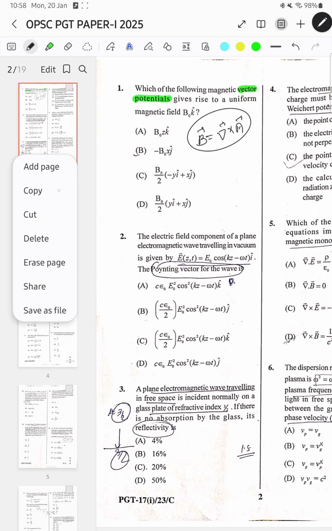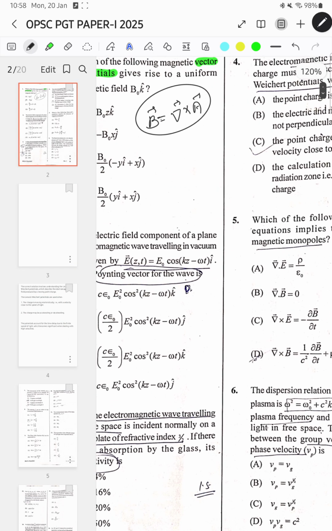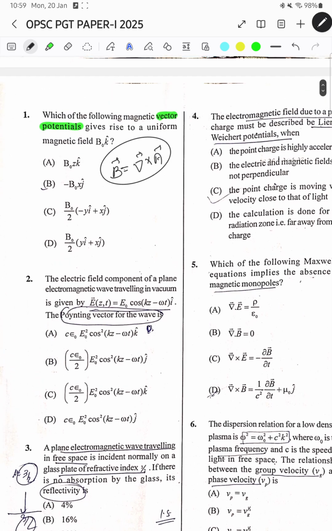Let me add a page so that we could solve. Okay, in the first option, A vector is B0 z k cap. Let me check. Curl of A should be some non-zero quantity. Let me check with the determinant of i cap, j cap, k cap, dou by dou x, dou by dou y, dou by dou z, and the components.